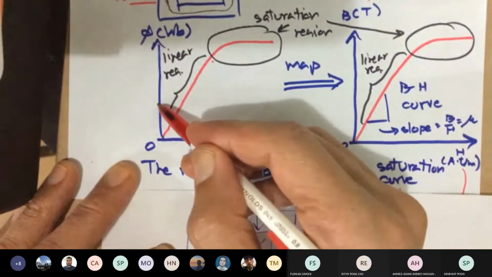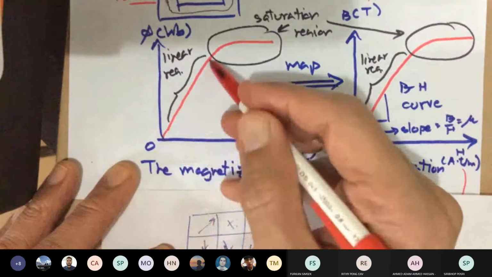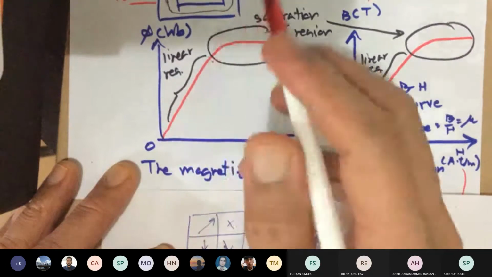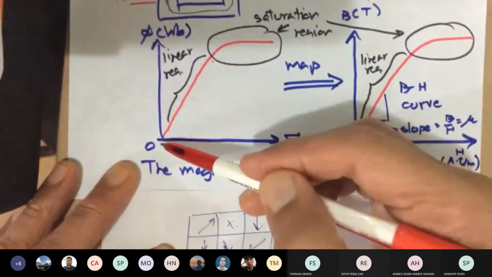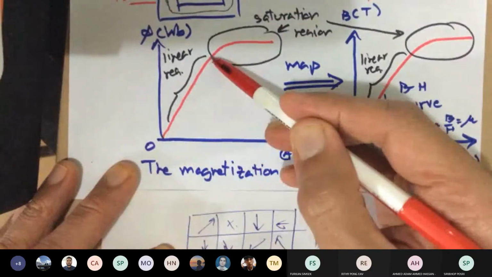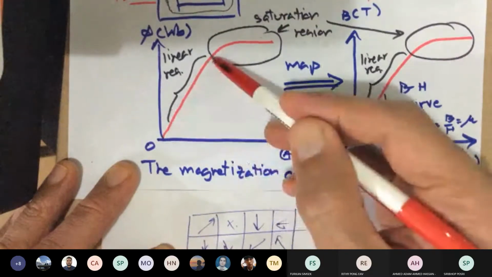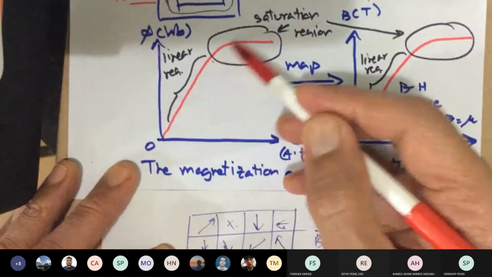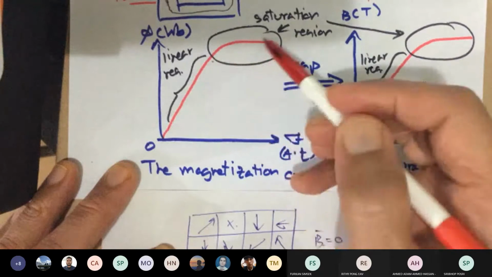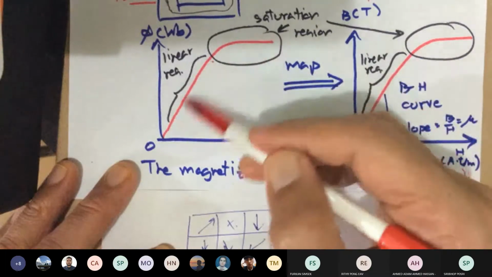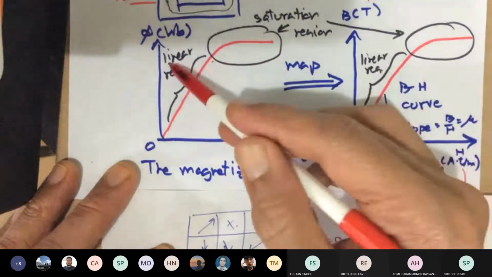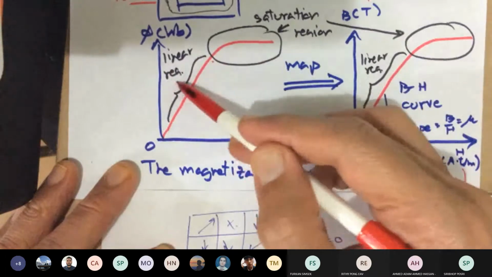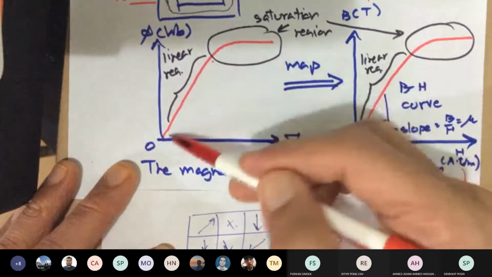At 20, it goes up to 20, until I reach a certain number. Notice that from this point up to right about there, before the curve starts to bend or flatten out, is the linear region of your magnetization curve.